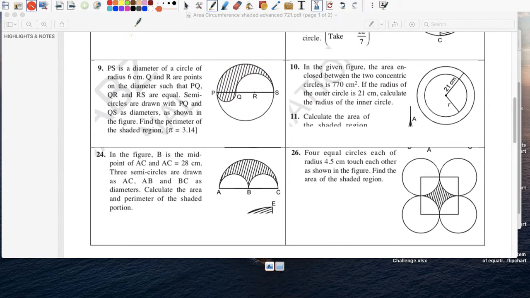So the only thing I'm not too clear on is that PS is the diameter of a circle of radius 6. Okay, PS is the diameter. So they're telling us the radius, from here to here is 3, and from here to here is 3. Now if we know that the total is 6, what does that mean?